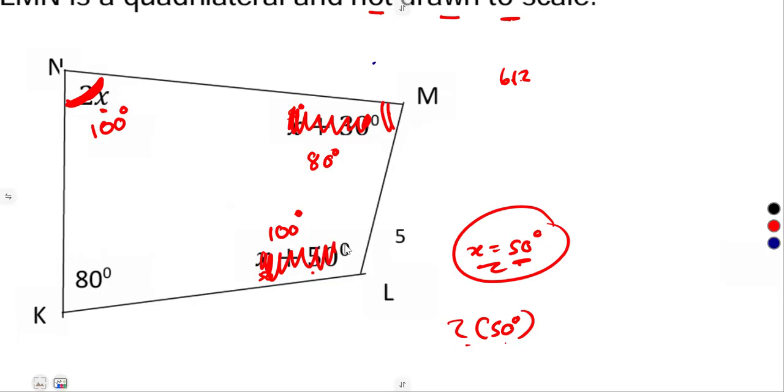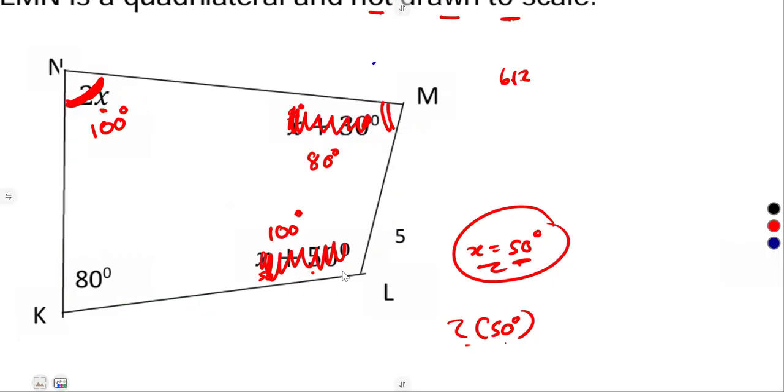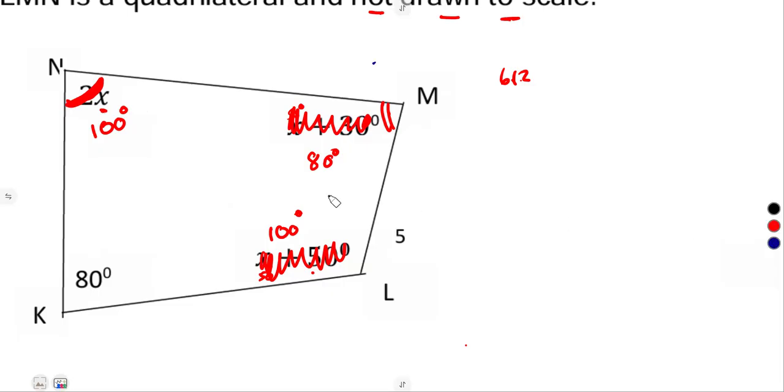So based on the angles, not how you see the shape, what can we say about this quadrilateral? Opposite angles are equal. That's a parallelogram.